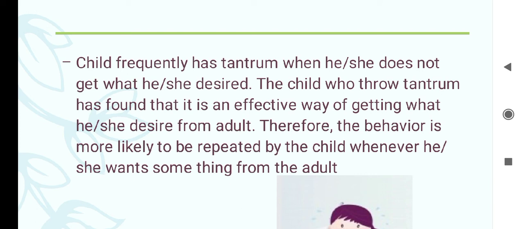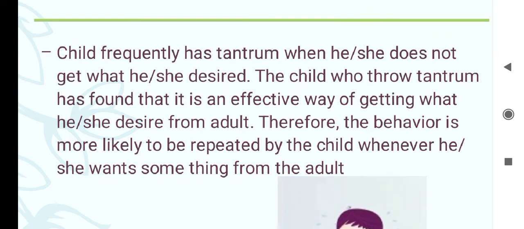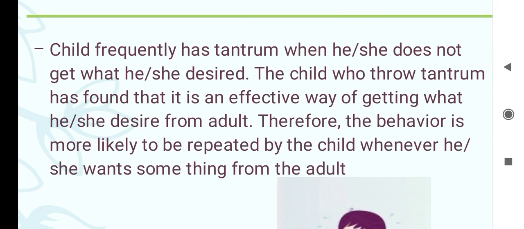They are unable to discuss and talk nicely, to express their feelings, or to make requests from the teachers, but simply show temper and throw tantrums as a way of getting something from adults.